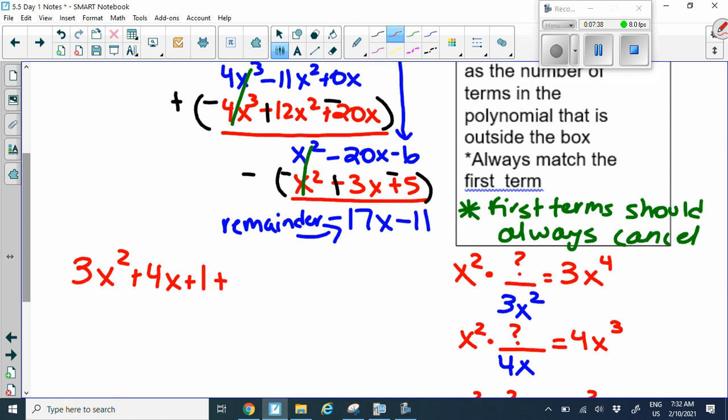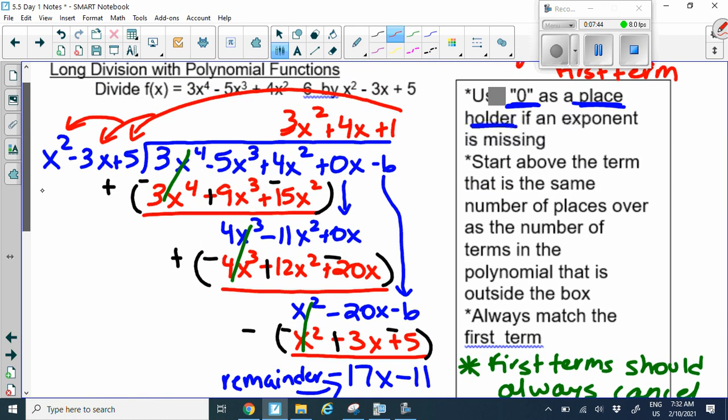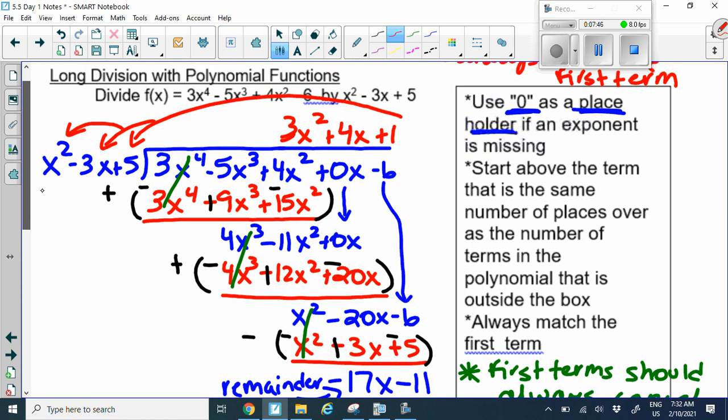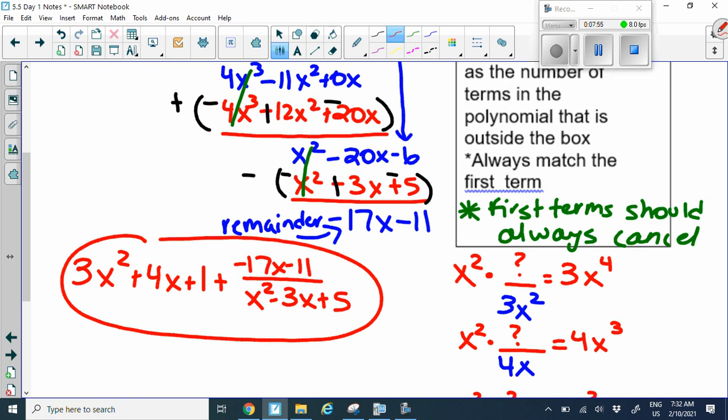And then we add the negative 17x minus 11, and then we put it over that second polynomial. And the second polynomial is x squared minus 3x plus 5. And then this would be our final answer here, right?